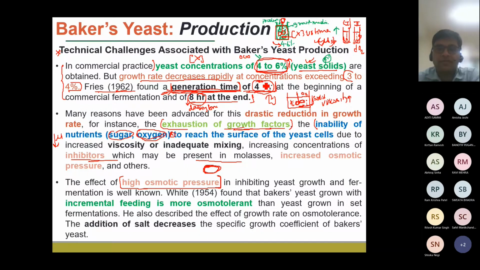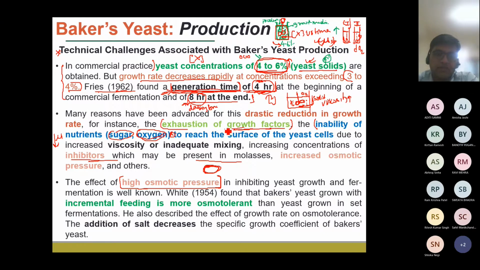At the start of the fermentation, the generation time is 4 hours. That means it could double its biomass within a very short period of 4 hours. But toward the end of the fermentation, it increases to 8 hours. So we do not get the high yield or high productivity of this particular baker's yeast.